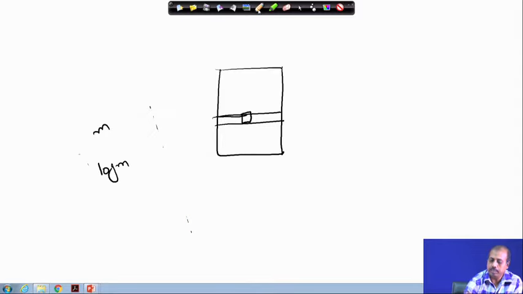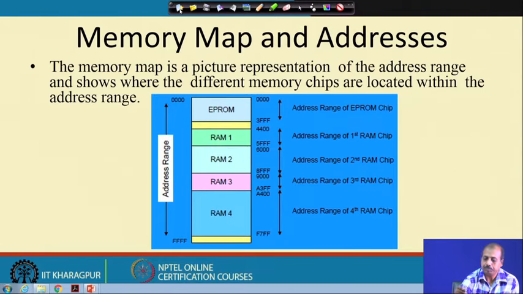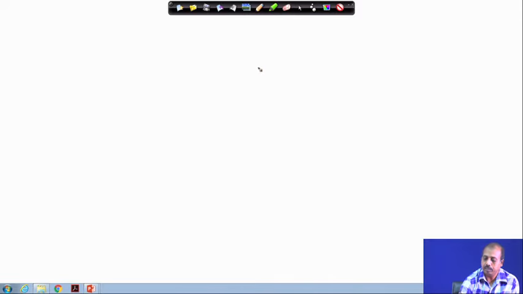It is like this: if I put a decoder here, and then here I put those log m bits, or better I should make a different notation. So this is my memory block that I have and this is the decoder.